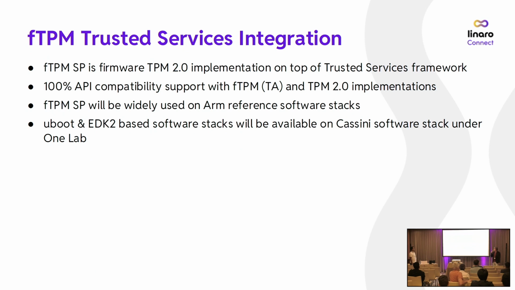While we are doing this fTPM Trusted Service integration, one of the goals is that it must have 100% API compatibility with the fTPM TA, and it must be a proper implementation. fTPM SP has full support for the Trusted Service framework in the background, and all upcoming Arm platforms will be using fTPM SP.